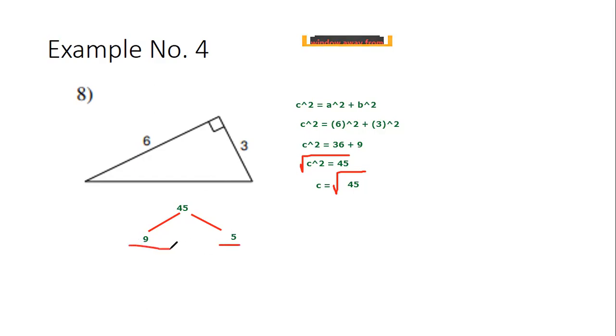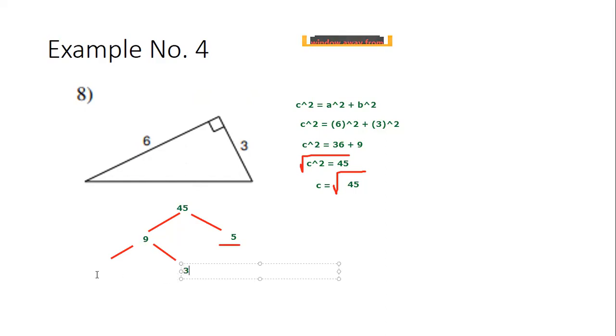How about 9? Can we factor out 9? Yes, we can. Of course, we cannot divide 9 by 5, so that's not factorable. So I'm going to divide 9 by 3.